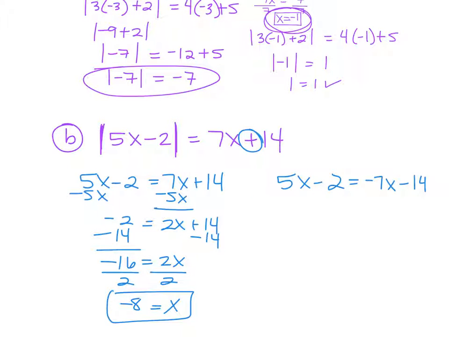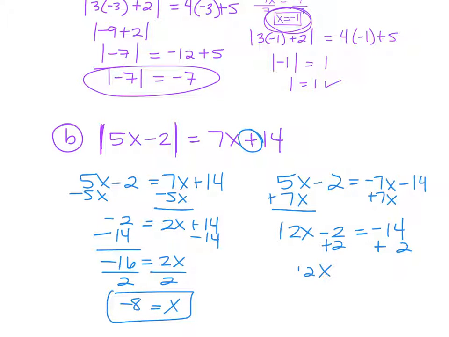Then your second one, add the 7x, and you get 12x minus 2 equals negative 14. Add the 2. So 12x equals negative 12. Divide both sides by 12. So x equals negative 1. Okay, so you have negative 8 and you have negative 1. Plug them in and tell me if there's an extraneous.